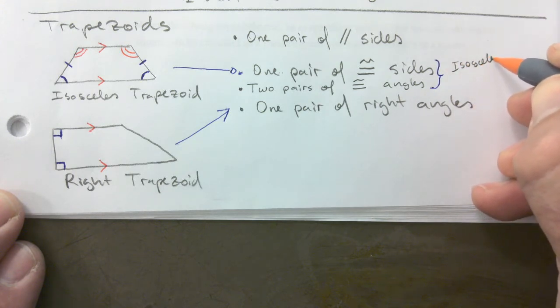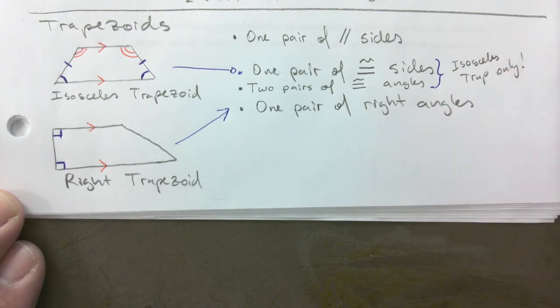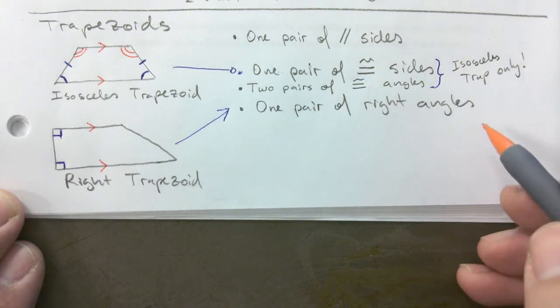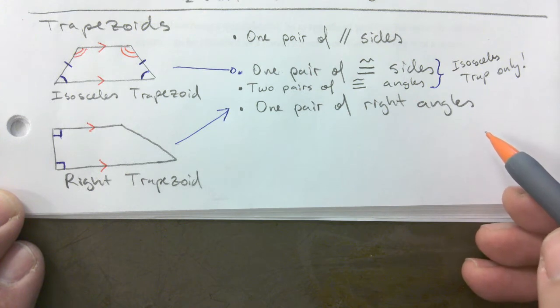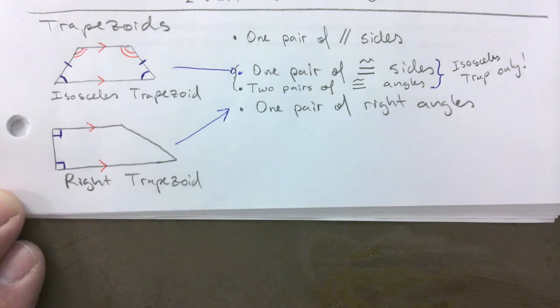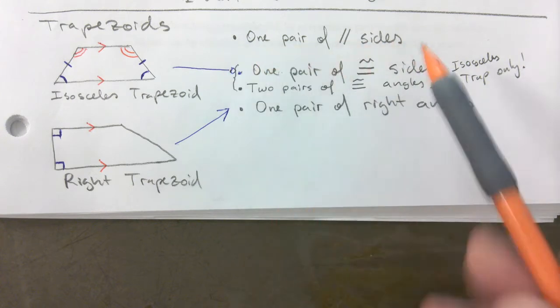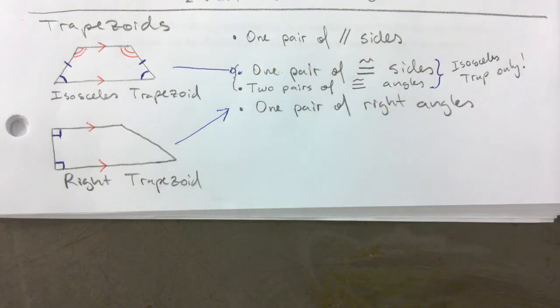Isosceles trap only. This is true for all of them. Okay.